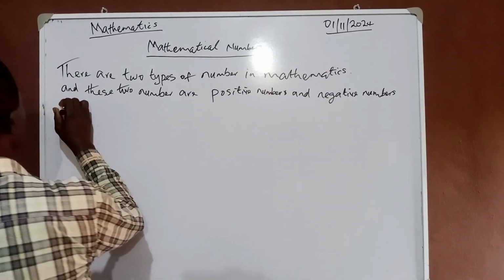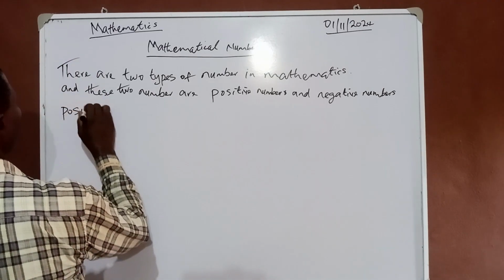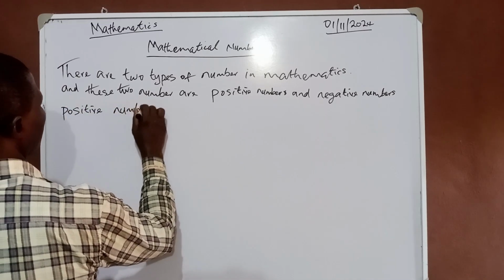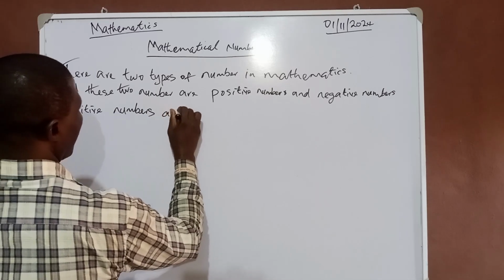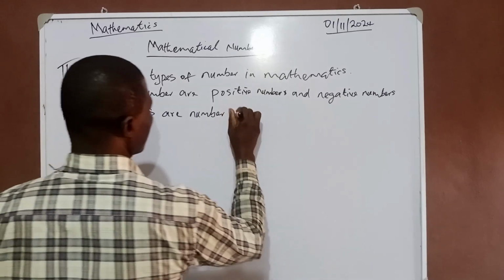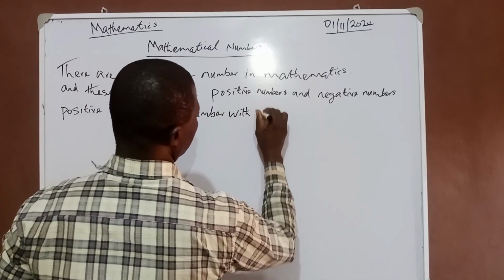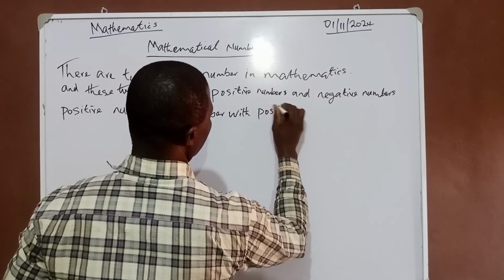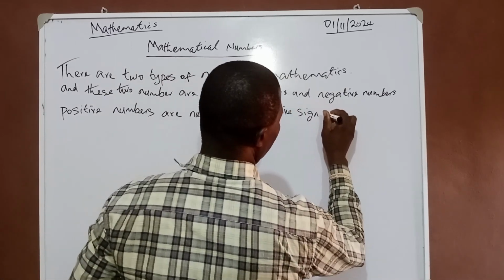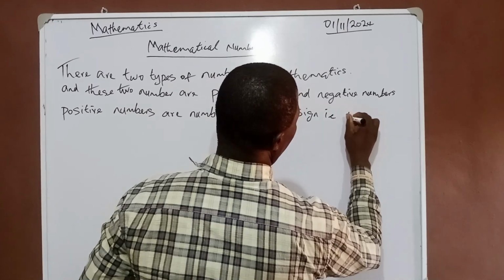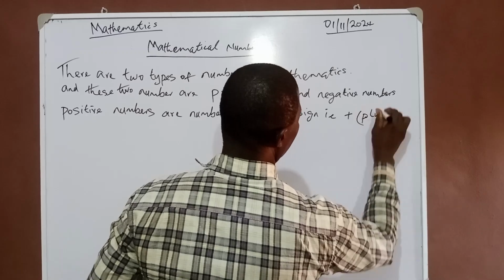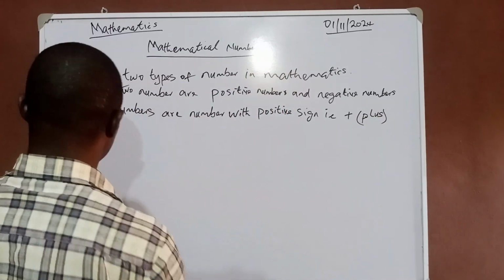And positive numbers are numbers with a positive sign, that is plus. Why the second one?